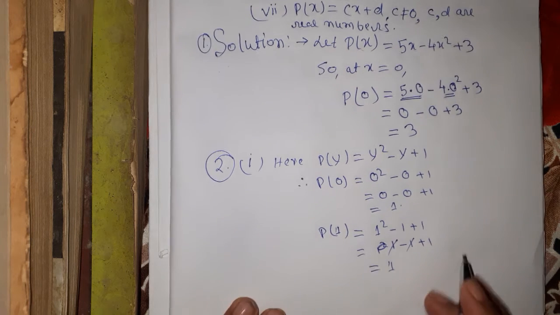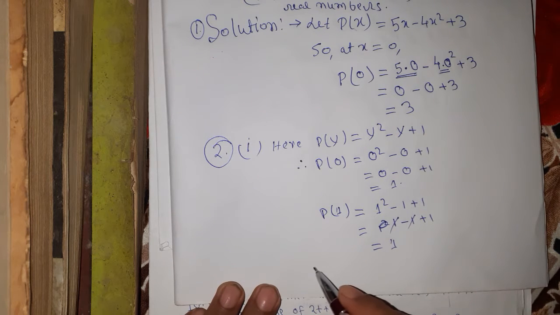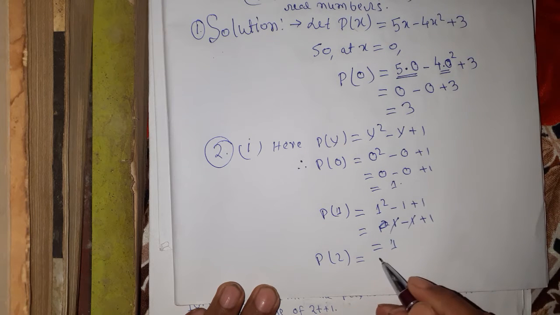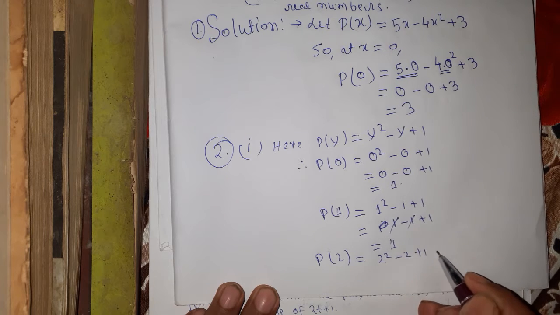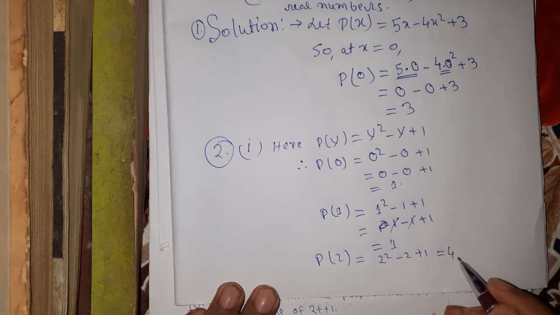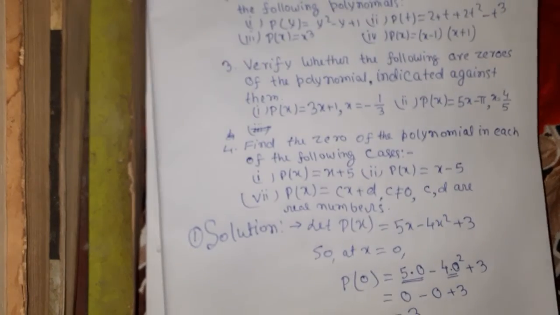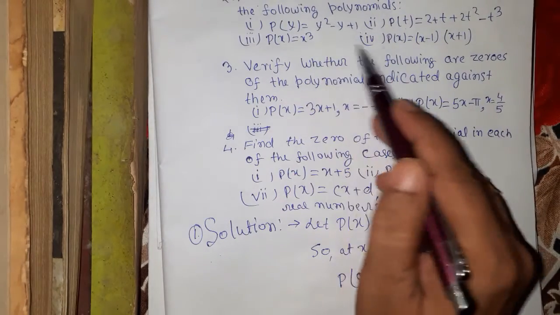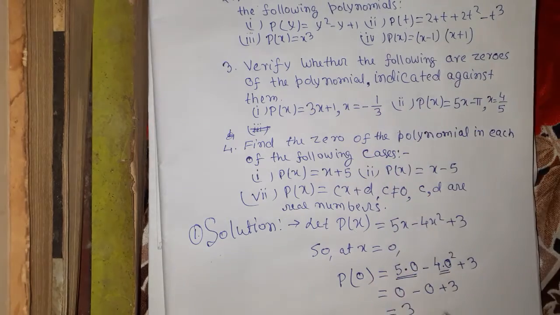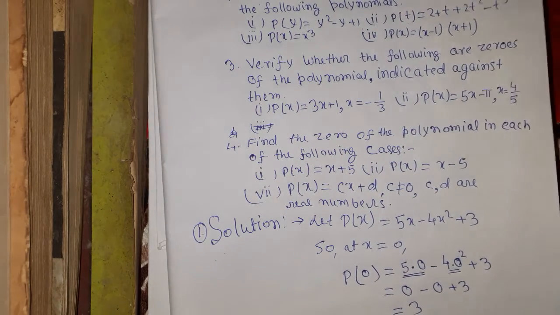Again we see P2 equal to 2 square minus 2 plus 1 equals 4 minus 2 plus 1 equal to 3. This is the answer. In the same way we can solve all these problems.